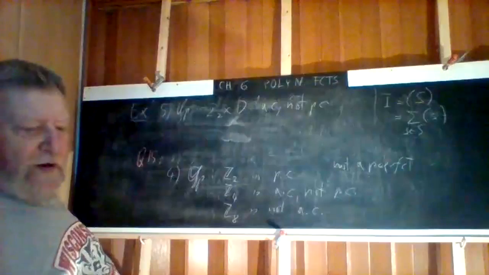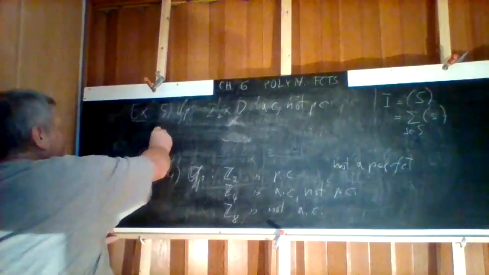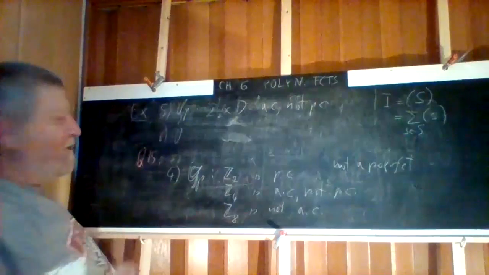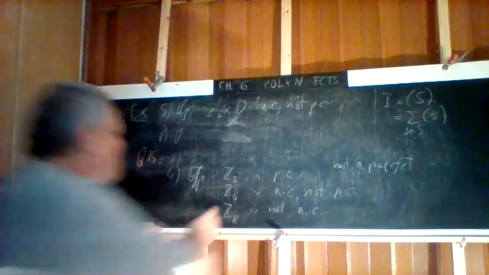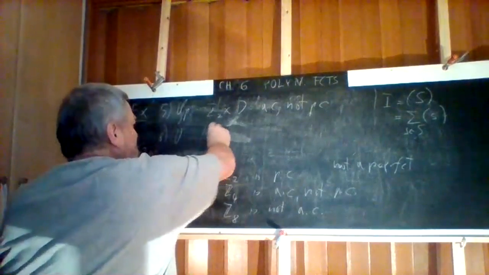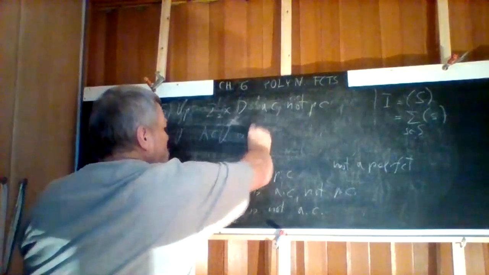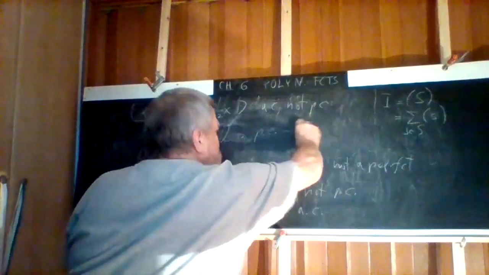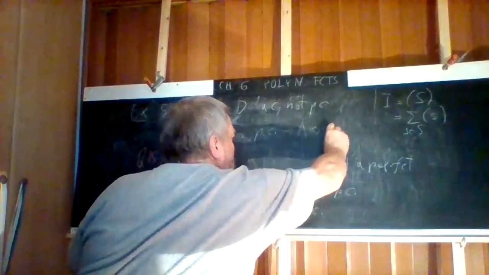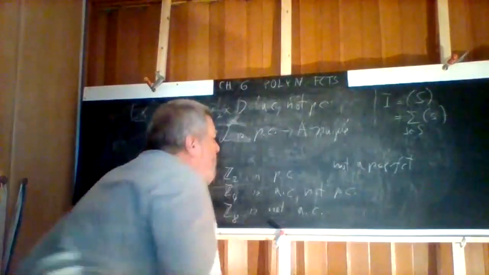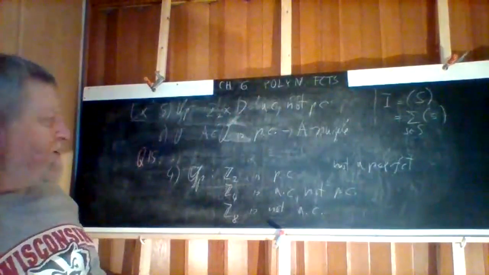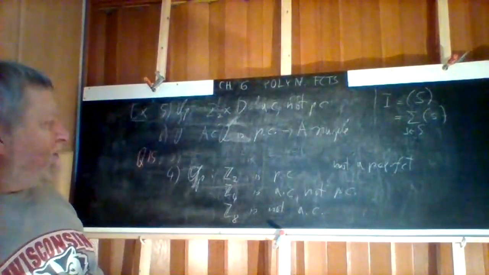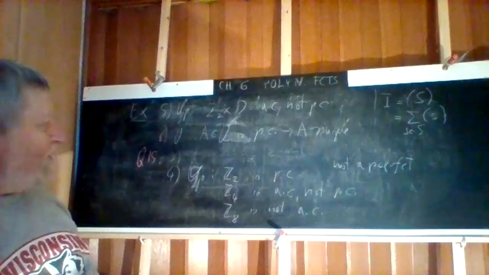And a good point is number 6. In any variety V, you can say if an algebra A in V is polynomially complete, then A must be simple. That's again easy to see, because if it's polynomially complete, then it must be affine complete.